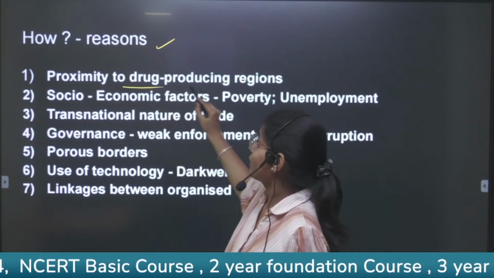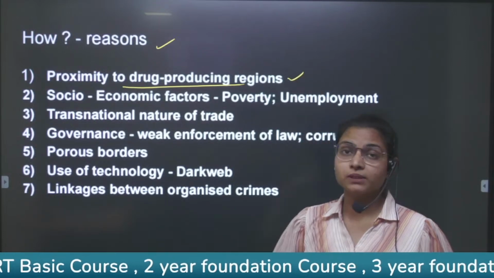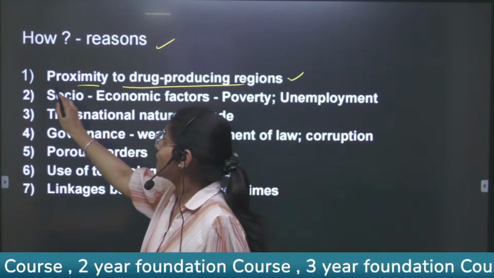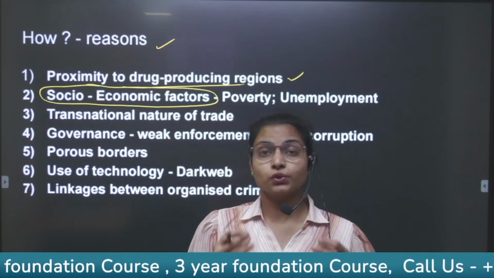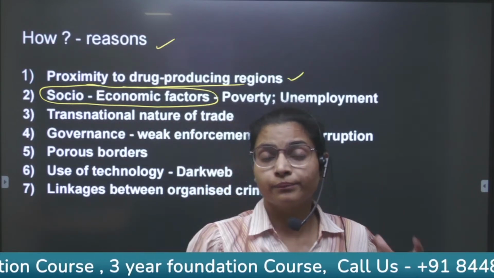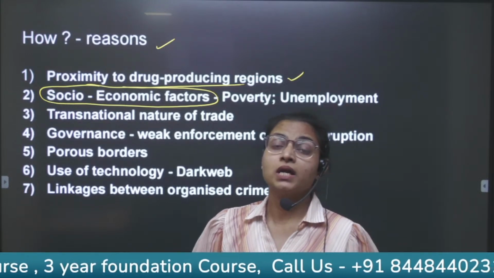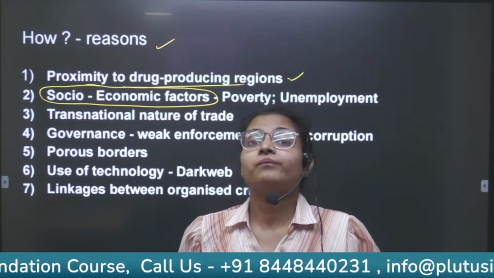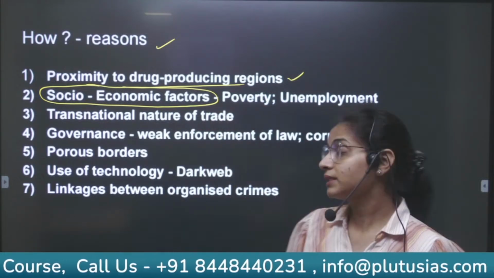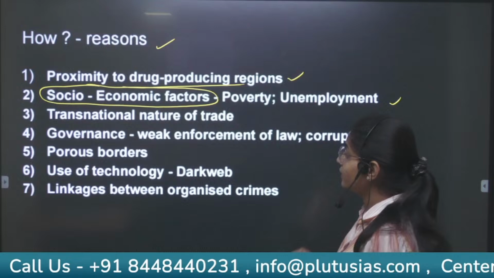Now what are the reasons for narco-terrorism to spread in India? The first, as I have already told you, is proximity, and the second reason is socio-economic factors, because due to factors like poverty and unemployment, terrorists are able to radicalize our youth, as we have seen in J&K.